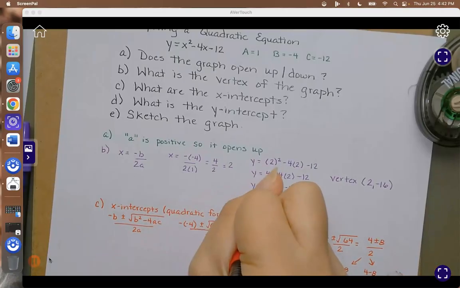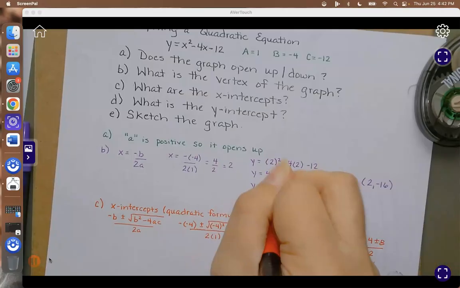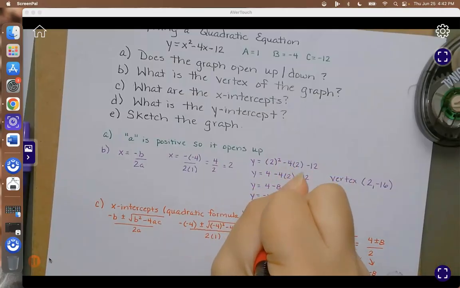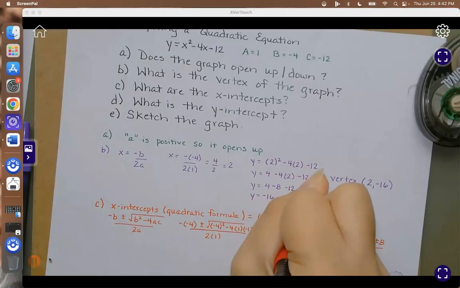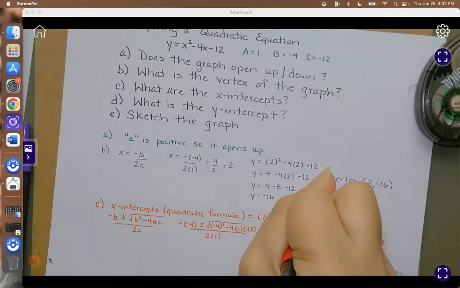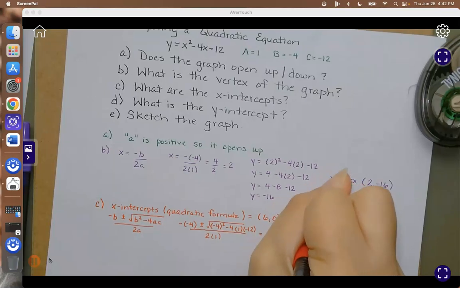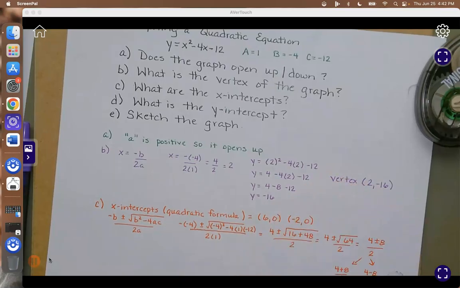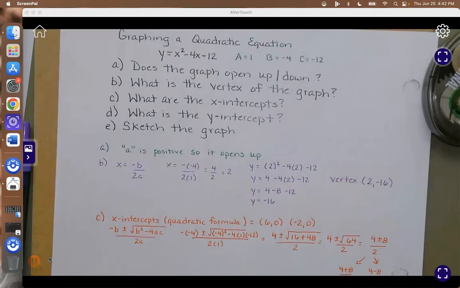So our x-intercepts are 6, 0, because remember, x-intercepts is where it hits the x-axis, and -2, 0. Okay?